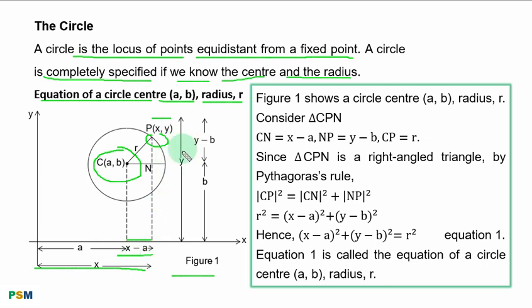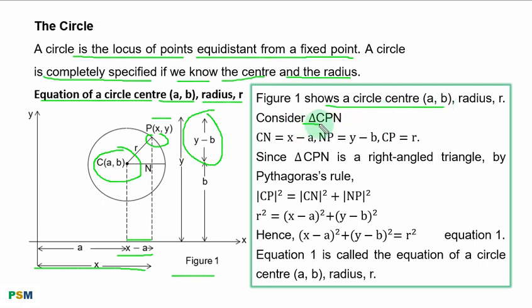On the y axis, from the origin to this point is b, and the remaining part is y minus b. Figure 1 shows a circle, center (a, b), radius r.